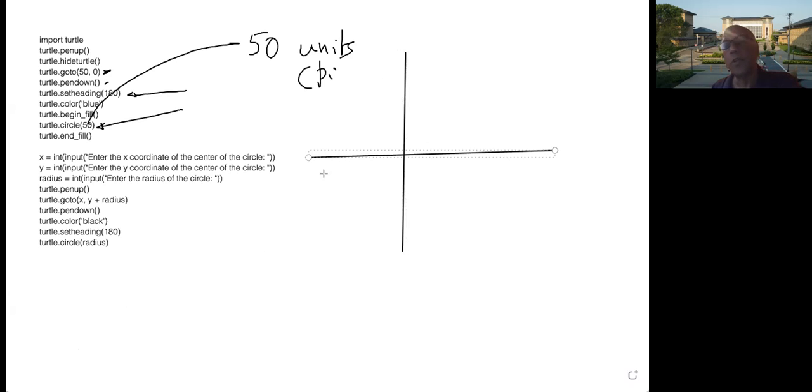So this is my coordinate system. And let's say the user enters some X and Y values. Let's do it with X equals negative 70 and Y equals negative 30. So this is negative 70.